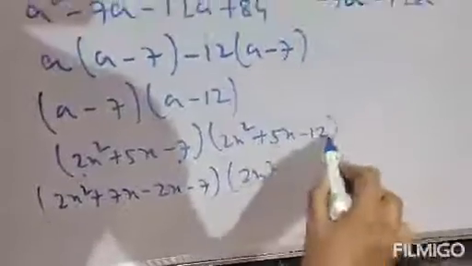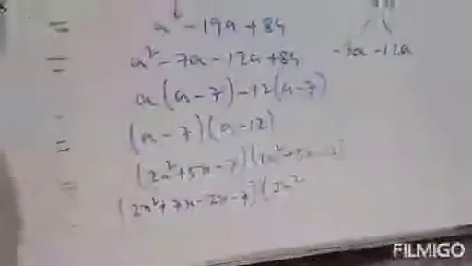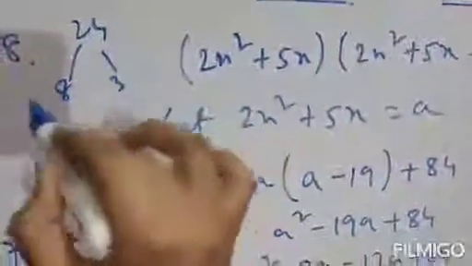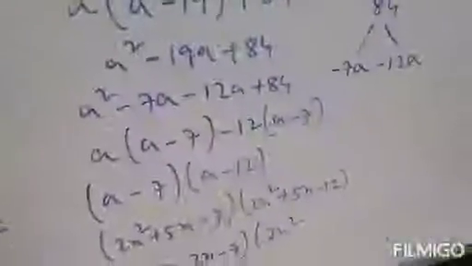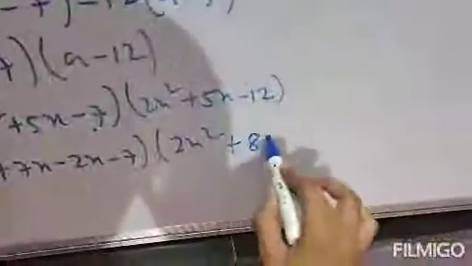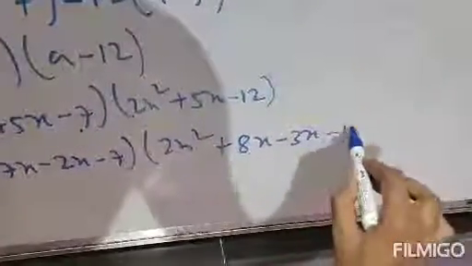And here, 12 into 2 means 24. By breaking 24 we will have plus 5: 8 threes are 24, and 8 minus 3 gives plus 5, and with x, 8x minus 3x, that is plus 5x. So write 8x minus 3x.